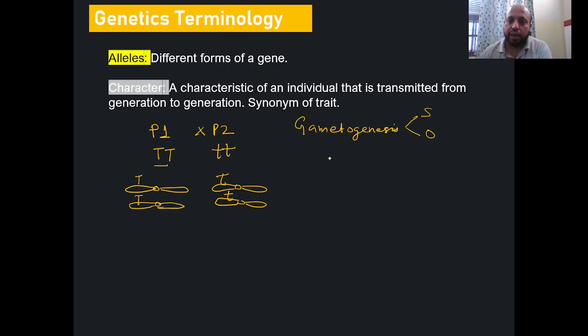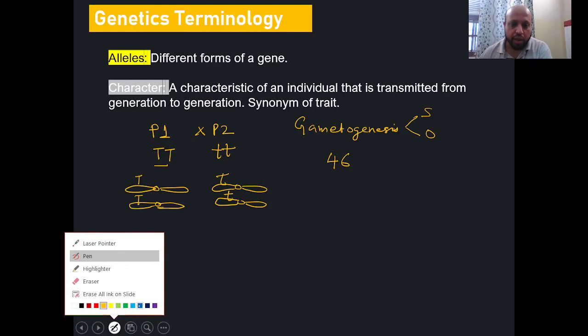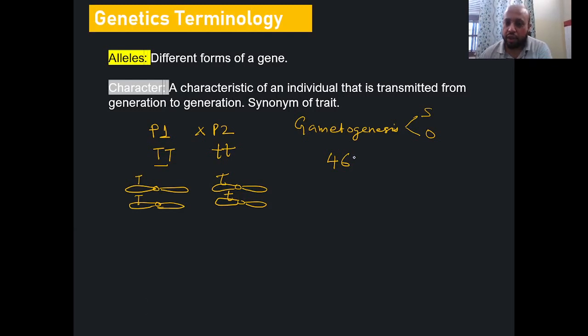Let's say, as a human being, if they have 46 chromosomes, and this is a female and another individual is a male, she will be producing the egg cells, and the number of chromosomes in the egg cells will be reduced to half.